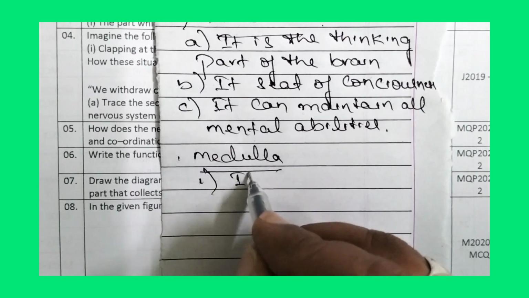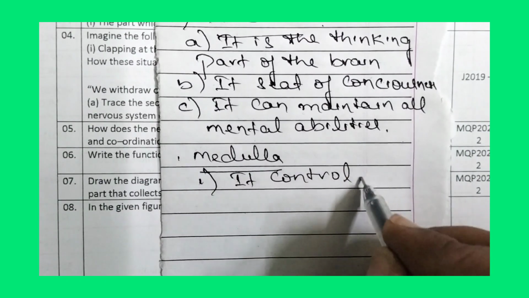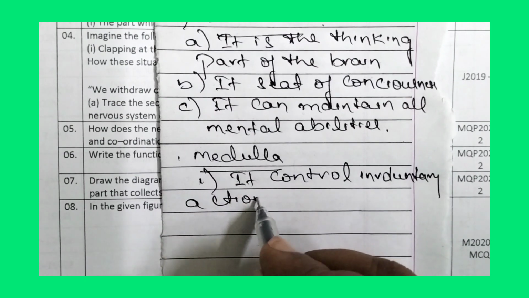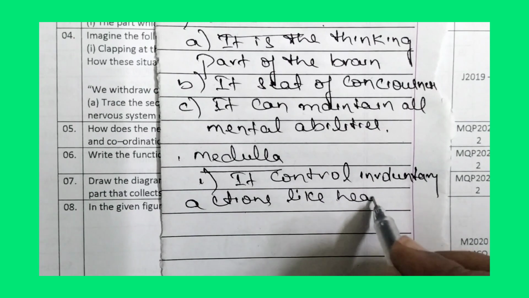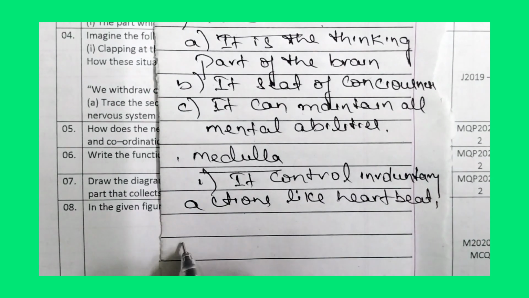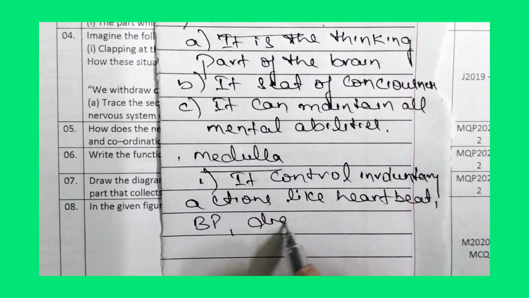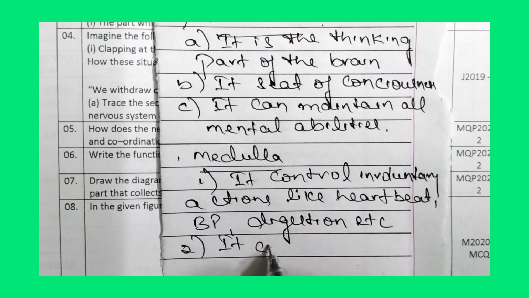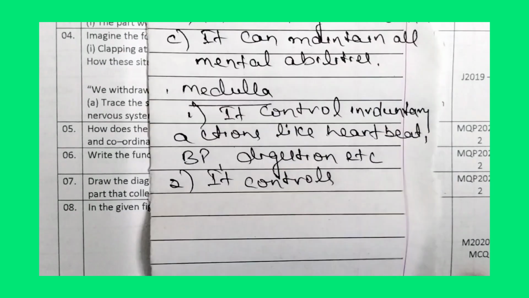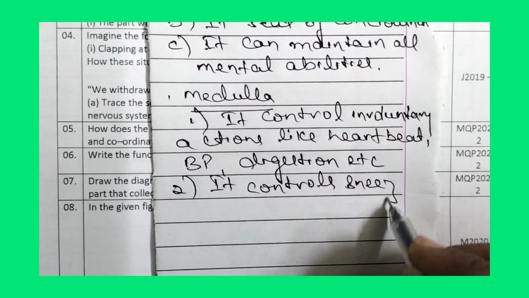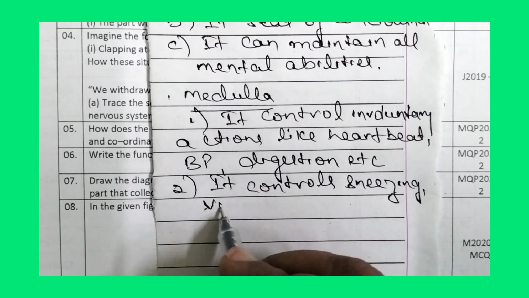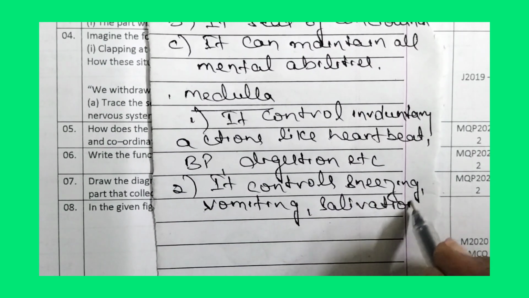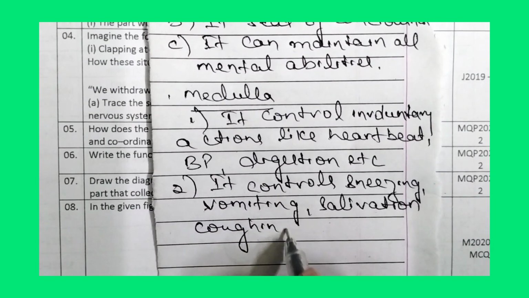The first function of the medulla is that it controls involuntary actions like heartbeat, blood pressure, digestion, etc. Then the second point is that it controls sneezing, vomiting, salivation, coughing. All this will be controlled by the medulla.